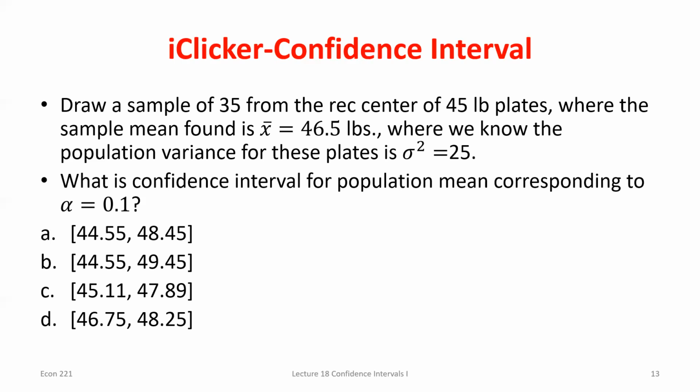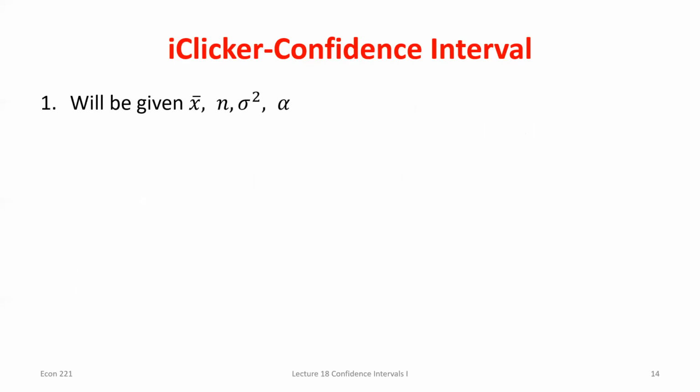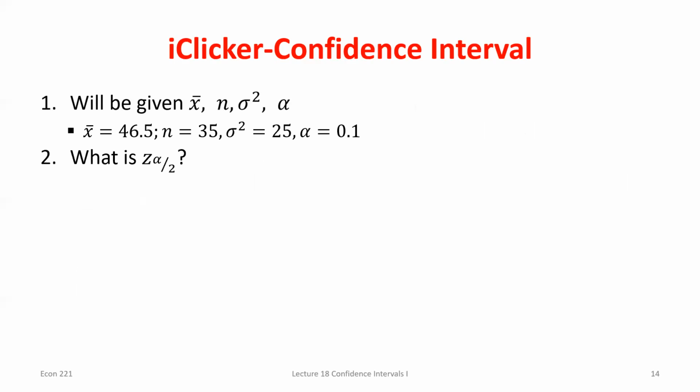Now, if we look at these, 46.5 looks like, sure enough, it's in all of them. Actually, we can rule this one out right away. 46.5 isn't even in this confidence interval. That doesn't make any sense as a possible answer. My sample mean should be exactly in the middle of my confidence interval. I'm adding and subtracting the same value to it. So I want to find what this is. I'm running out of time here.